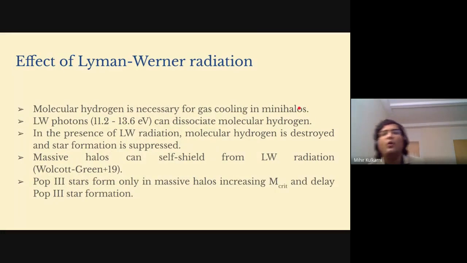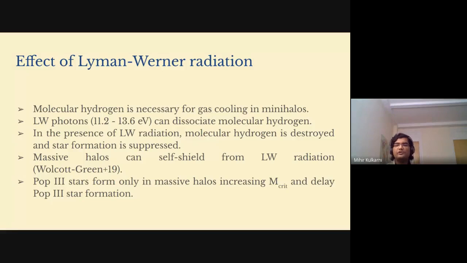Okay, so one process that can delay the formation of first stars is what is called Lyman-Werner radiation. As I mentioned, molecular hydrogen is necessary for cooling of the gas in these small mini halos. As you start to form first stars in one part of the universe, they start to emit radiation, and also Lyman-Werner photons, which have energy between 11.2 and 13.6 electron volts, and they can dissociate molecular hydrogen.